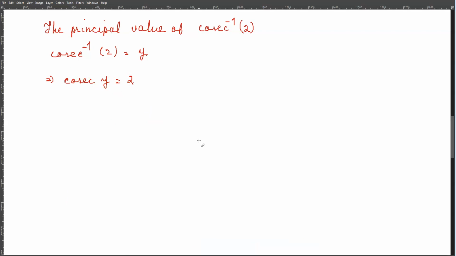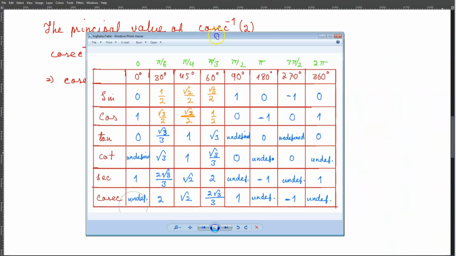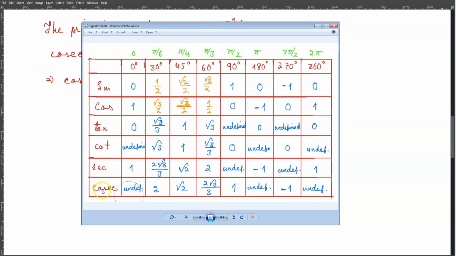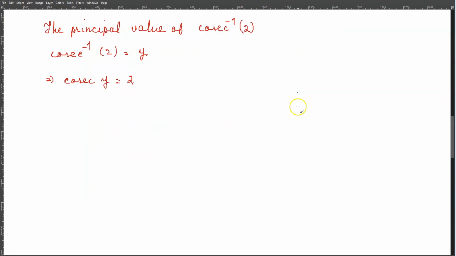And that angle is basically, as you can see, the cosecant of 30 degrees or pi by 6 is equal to 2, right? I know that the cosecant of pi by 6 is equal to 2.